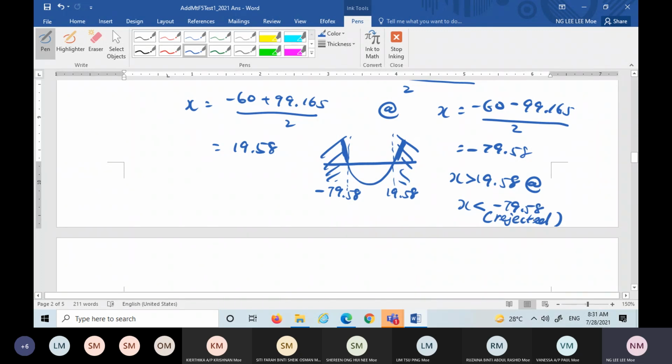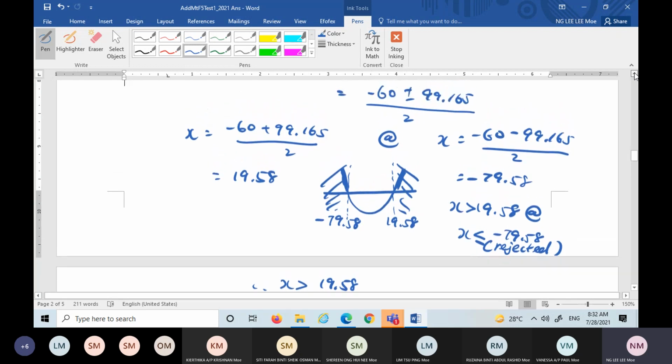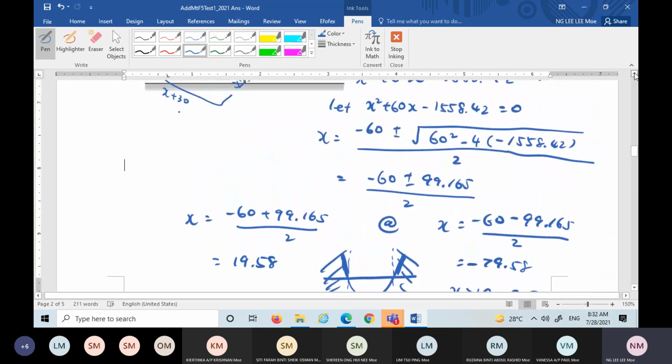Every time you reject any answer, you must have a reason. Don't just reject only. Therefore x is greater than, oh sorry, also got the equal sign, 19.58. Then remember they're asking in integer.